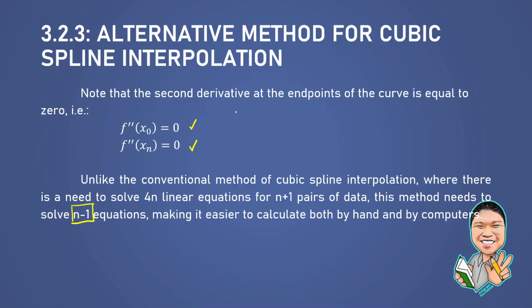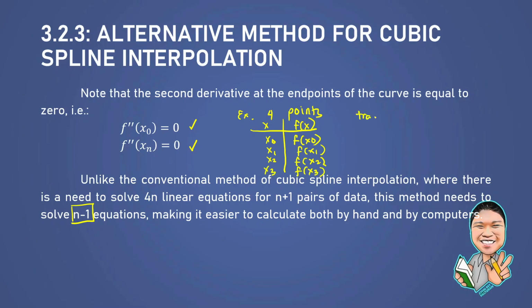So, for instance, meron tayong 4 points. Di ba? Kung meron tayong 4 points katulad doon sa given natin x and f of x, meron tayong x sub 0, f of x sub 0, x sub 1, f of x sub 1, x sub 2, f of x sub 2, and x sub 3, f of x sub 3.